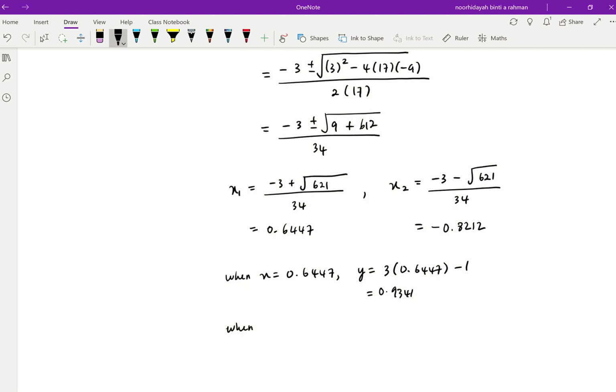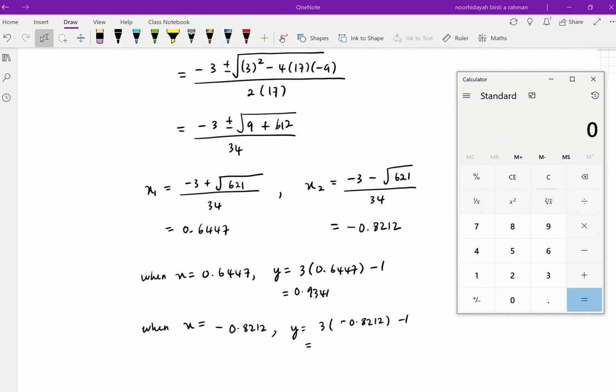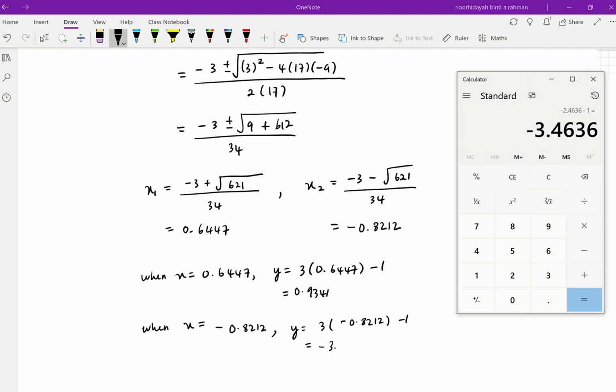And when my x equals negative 0.8212, my y equals 3 multiplied by negative 0.8212 minus 1, which is negative 3.4636.